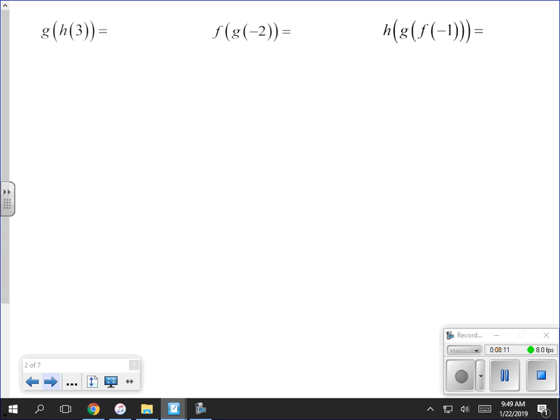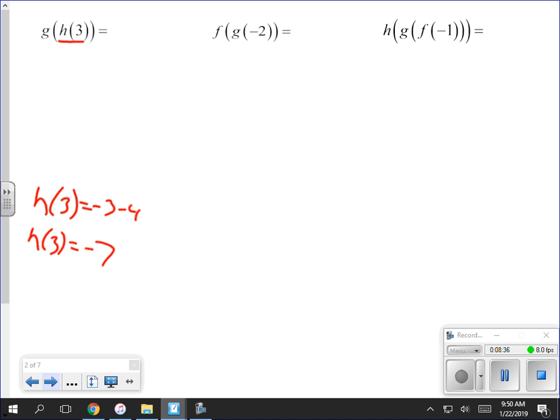So I want to find what g of h of 3 is. Well, I need to know what h of 3 is first. I can't take g of something that I don't know. I need to find out what that thing is. So I have to figure out what h of 3 is. Negative x minus 4, negative 3 minus 4. So h of 3 is negative 7.